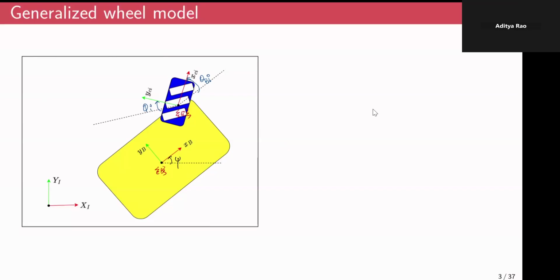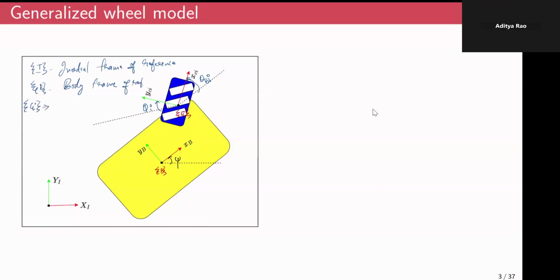So what are the things we have? We have defined this inertial frame of reference, and then we have the body frame of reference. And then we have also defined one more frame, that is CI.